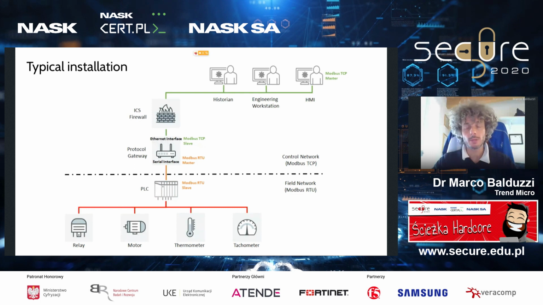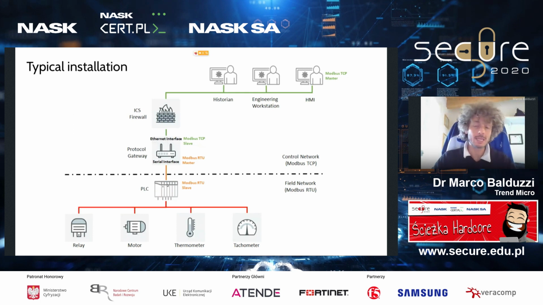For those that are not really expert, Modbus is one of many ICS protocols, so protocols used to manage control networks. And here, as you can see, the gateway takes the command generated by the operator on the HMI interface, so on the control server if you want, and converts such command down to the PLC, which is sitting on the field bus network and behaves as a Modbus slave.